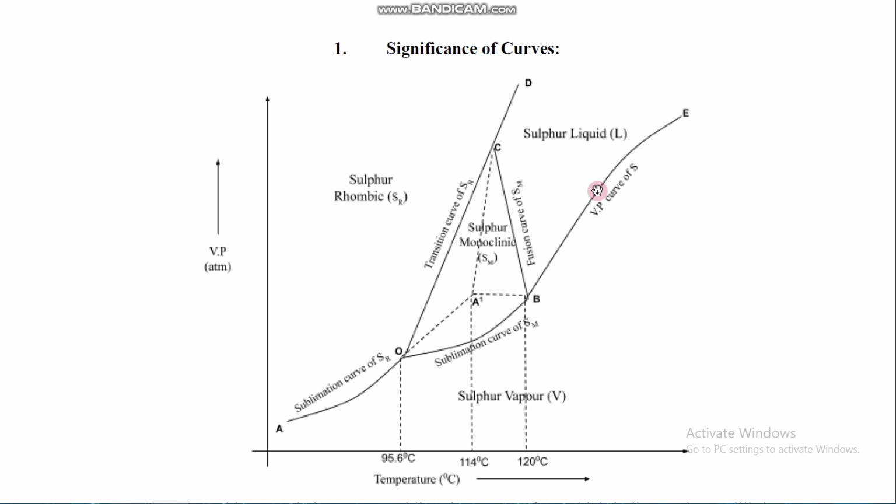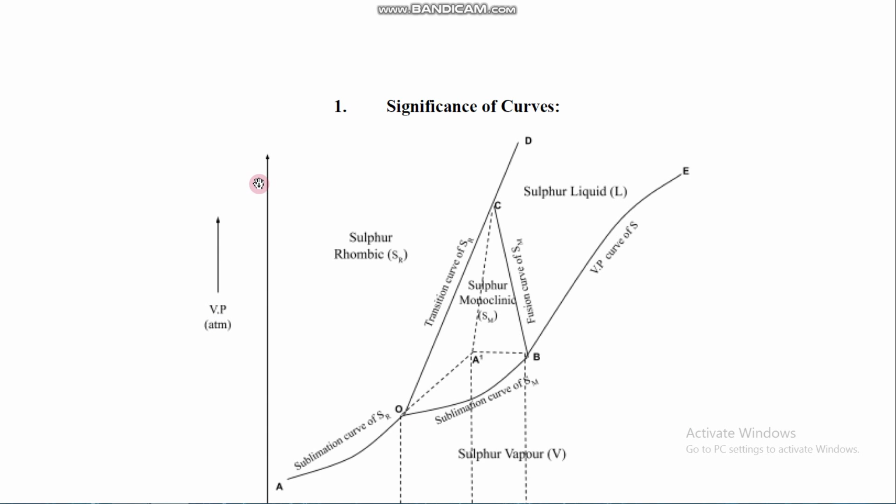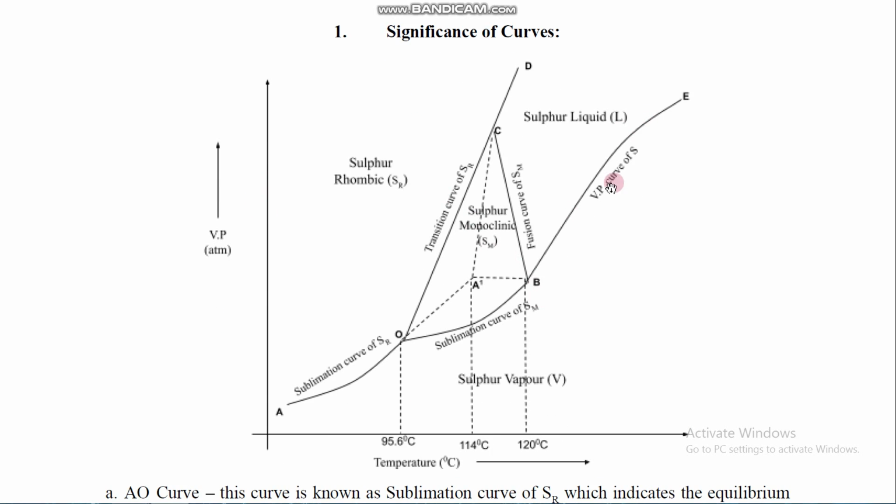The degree of freedom is 1 because the number of components is 1 and the phases are 2. The system is univariant along the curve BE. When we apply the Clausius-Clapeyron equation, dP by dT is equal to delta Hv divided by T into (Vg minus VL). So this is about the BE curve.